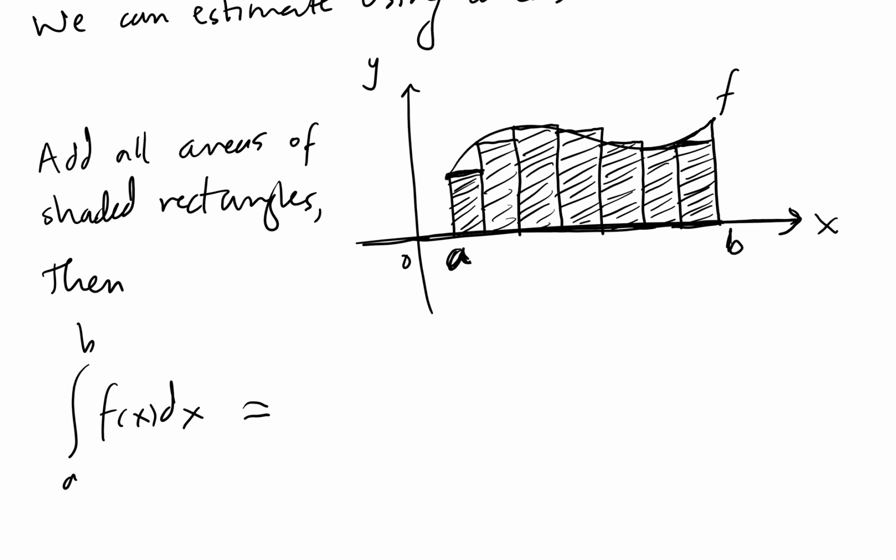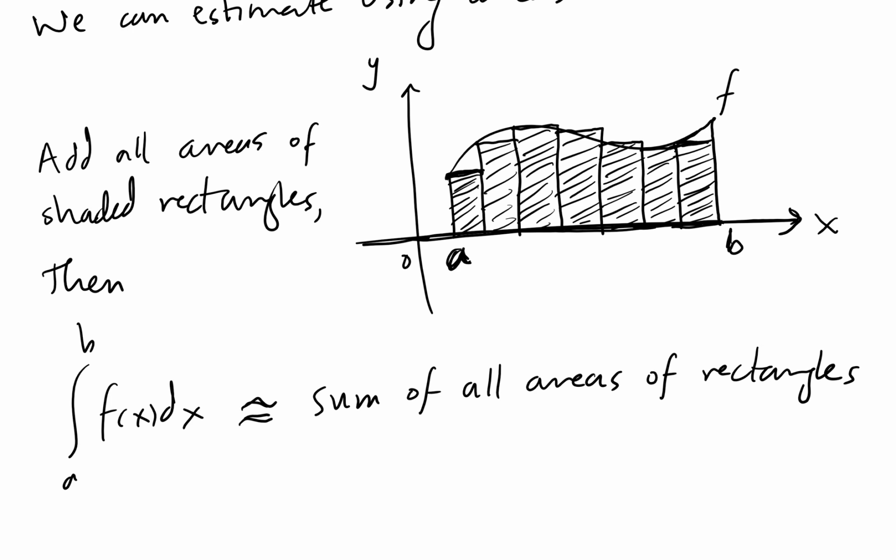It's about the sum of all the areas of the rectangles. About, it could be a little bit less, or it could be a little bit more. And he found out the more rectangles he split this region into, the more accurate the area is getting.